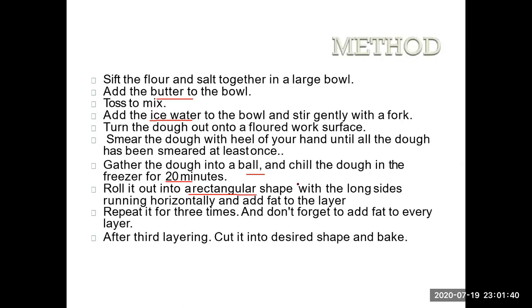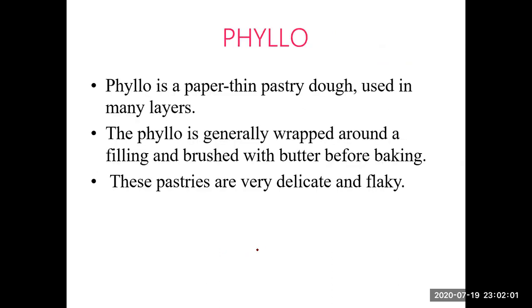Here it's used with a rectangular shape, but you can use any one as you wish. You have to repeat that as in puff pastry 3 times, and you have to apply fat in every layer. After the third layering, you have to cut it inside and give the desired shape.